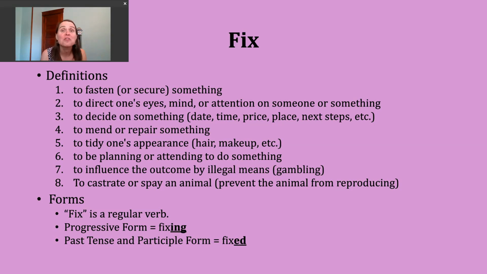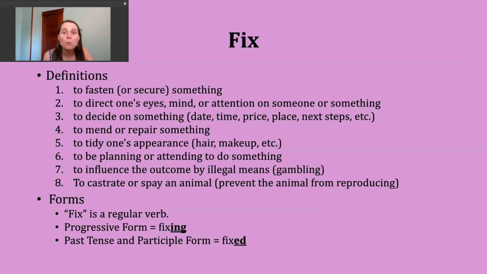A second way the verb fix gets used is done many times with our eyes, our mind, or our attention, right? And we're directing our eyes, our mind, or our attention on someone or something. A third way the verb fix gets used is to mean to decide on something.